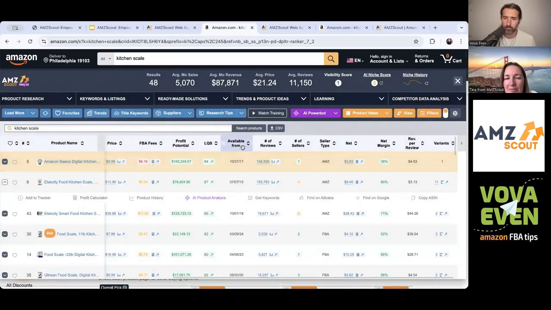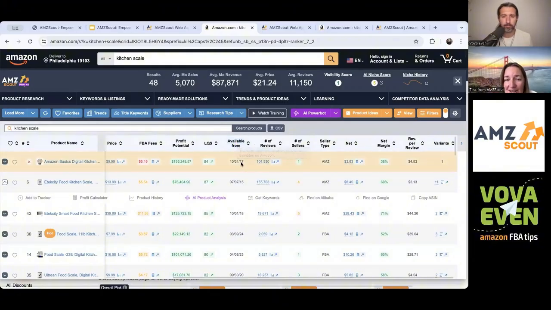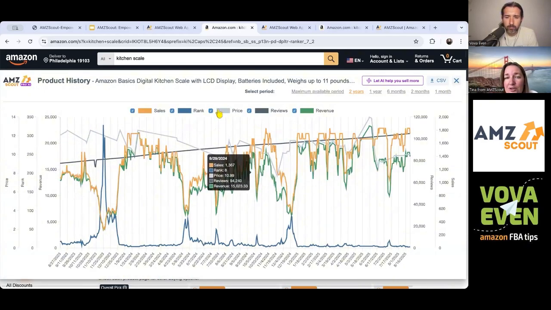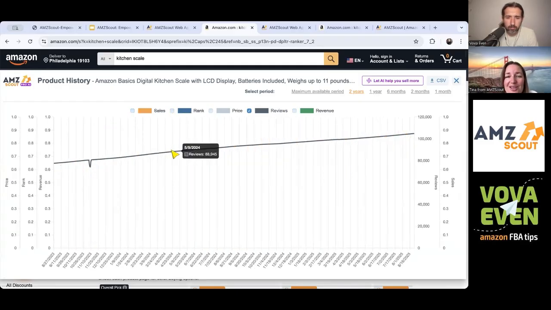Okay, the available from column just tells you when the listing started being on Amazon. Like in this case, it's 2017, the end of October, right? And so on. The number of reviews shows how many reviews the product has. If you want to see how the reviews grow, sometimes it can be interesting because usually it should only grow, but sometimes it drops.